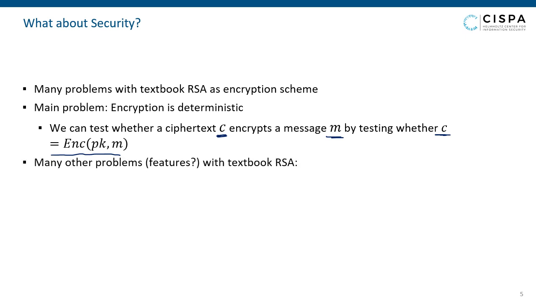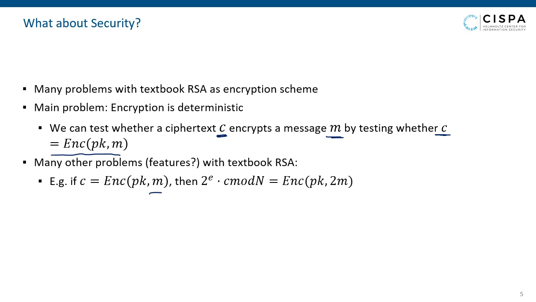But there are also some other problems, maybe also features, with this textbook RSA, which I'll just glance over real quickly. If you give me a ciphertext C which encrypts a message M, I can just compute 2 to the E, recall E is in the public key, times ciphertext C, and this will be an encryption of the message 2M. So in this basic scheme, I can convert an encryption of a message M into an encryption of a different message 2M.